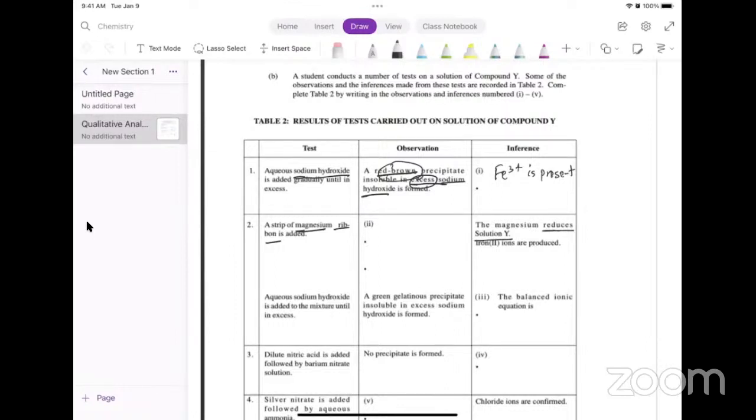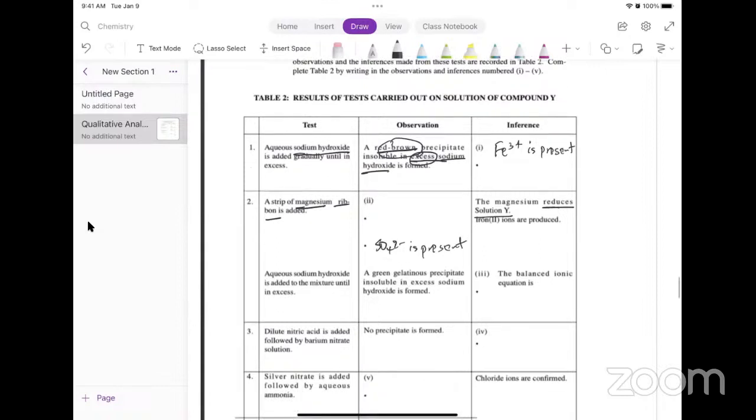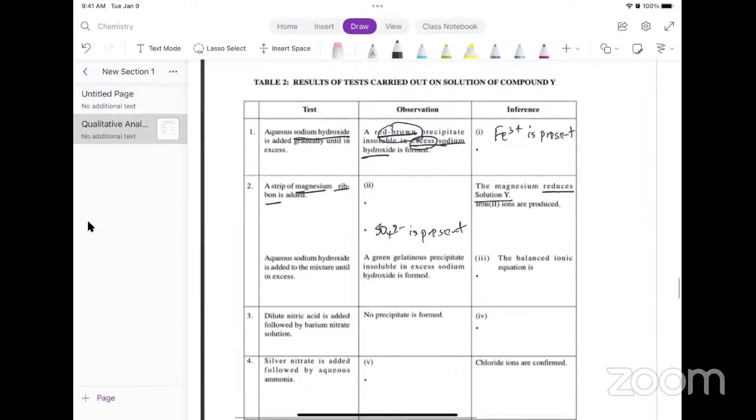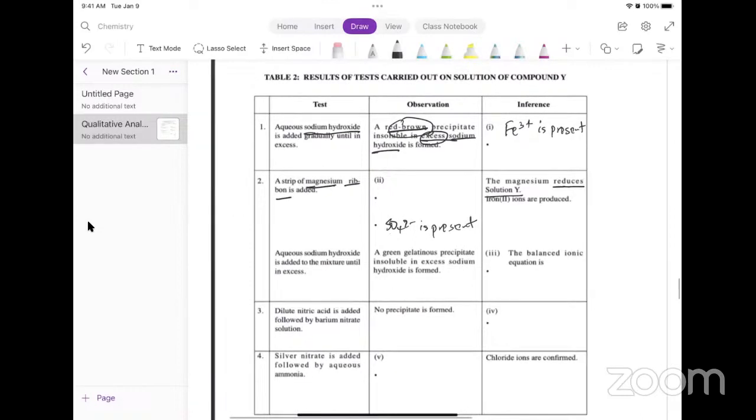So I will say that SO4 2- is present. And the iron 2 ions are produced, right? So what we have now forming is FeSO4. So what is present?